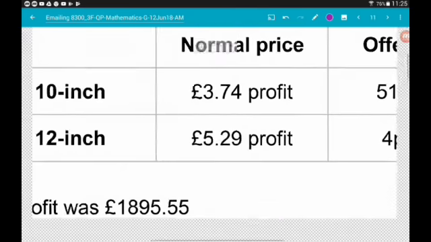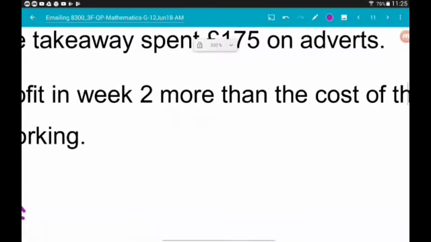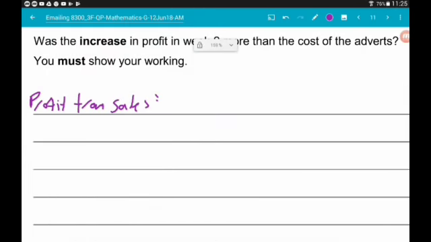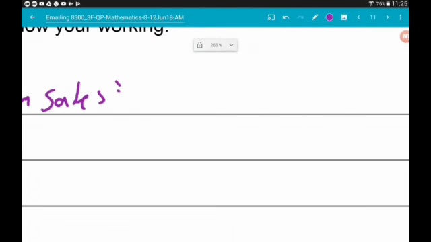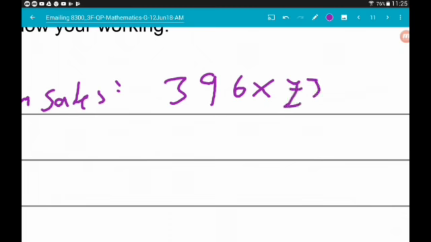So to work out the profit that gets us, we're going to do 396 times the profit on each pizza, which is £3.74.